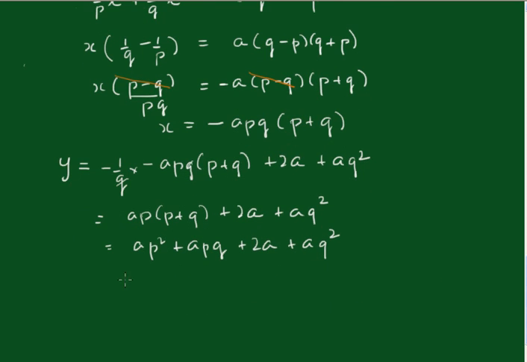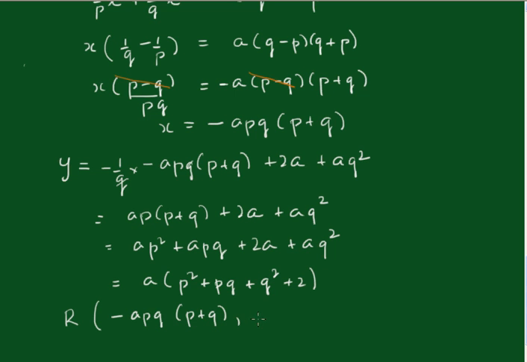Just tighten it up a little bit. That's a into p squared plus pq plus q squared plus 2. So the coordinates of R are minus apq into p plus q and a into p squared plus pq plus q squared plus 2.